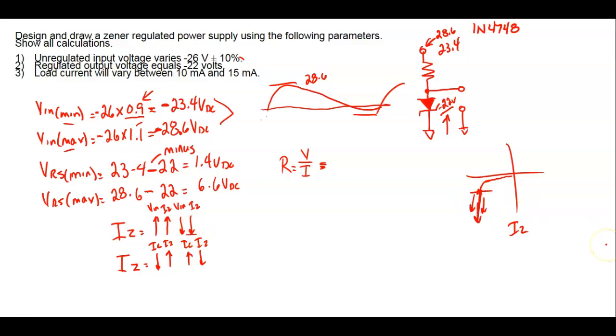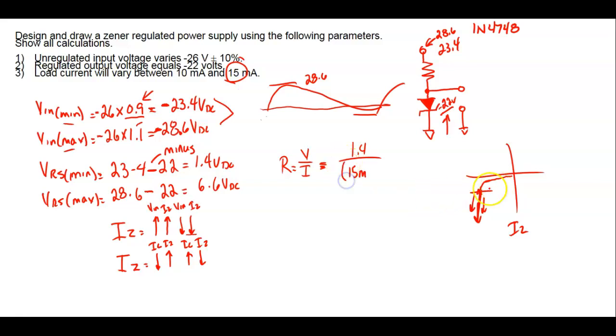So we're going to use the minimum voltage across here, 1.4, and then the maximum current. What's the maximum current? 15 milliamps. It's given right here. Those two are given.